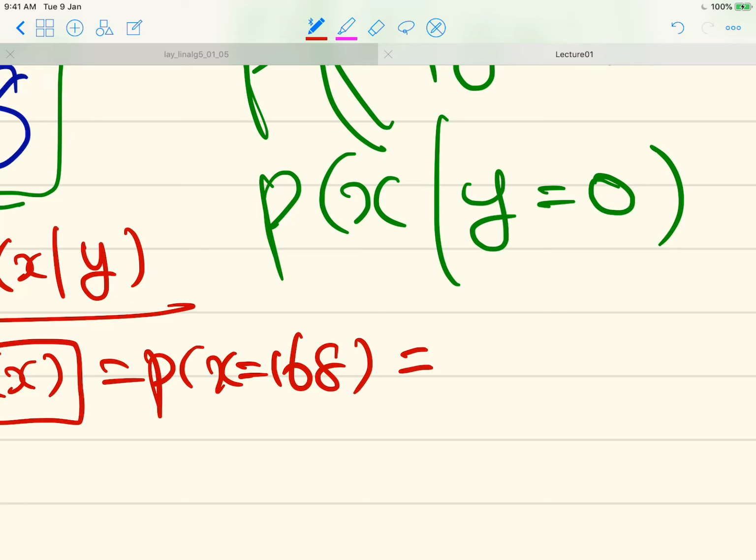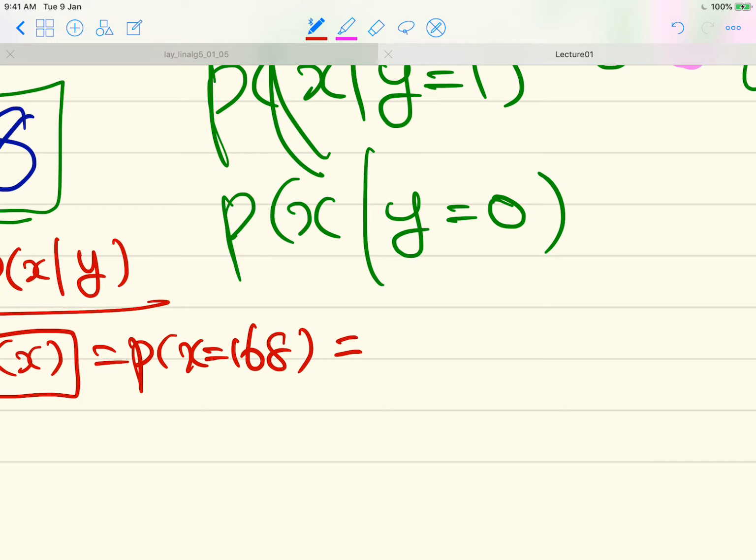So x is not directly generated, but only generated through a particular y value. So in order to arrive at this value, we can consider all the possible intermediate cases, by considering each possible value of y that is necessary to generate our value x. So it can be represented in this form.